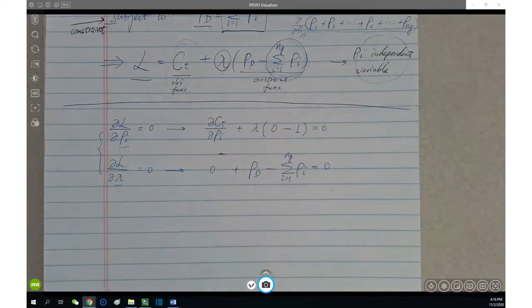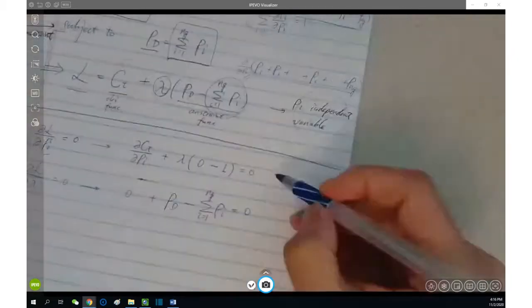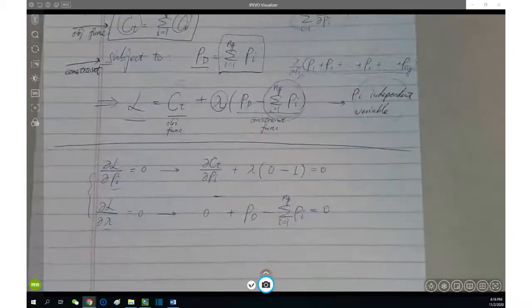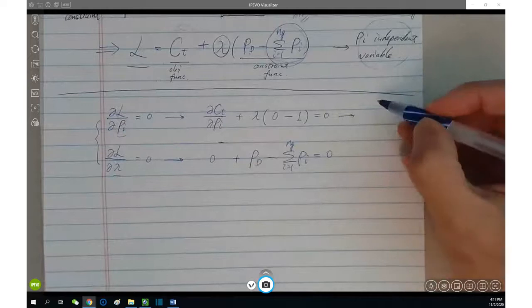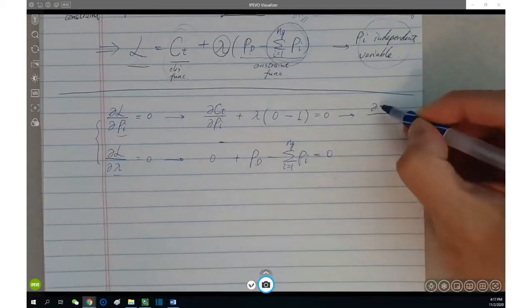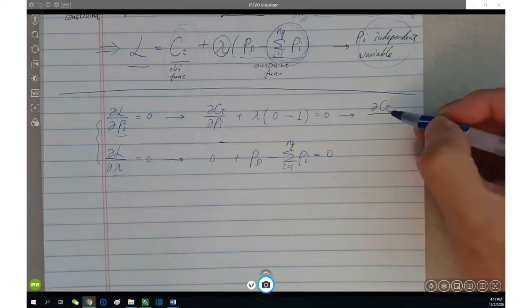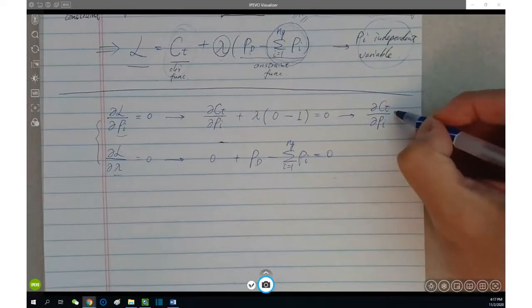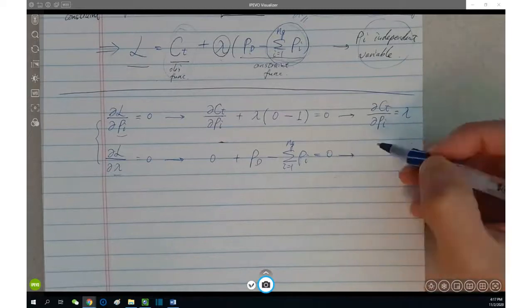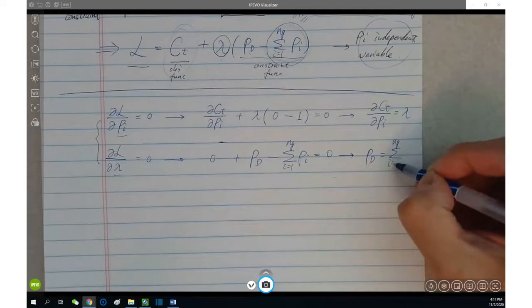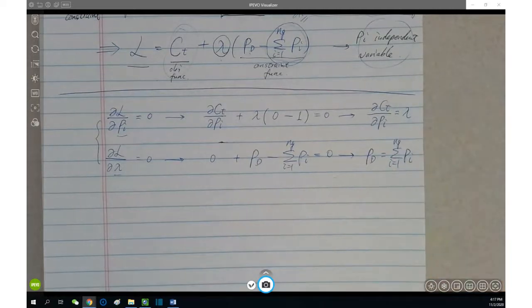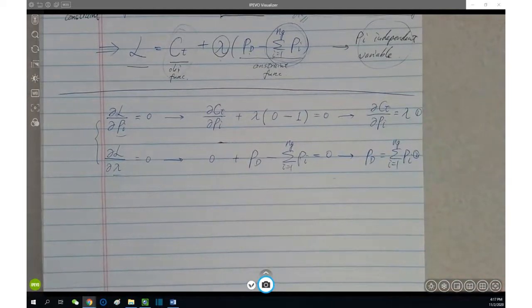If you further derive them, here is just the partial derivative of the objective function c sub t with respect to pi equals to lambda. Second is just our constraint function itself, right?